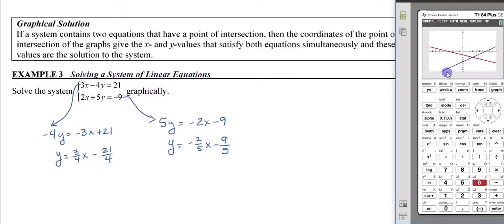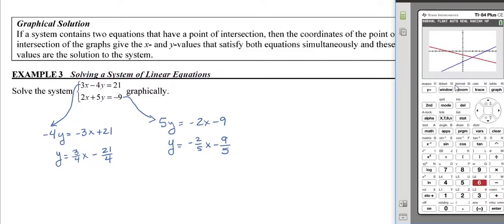When you look at the blue line, every point, and there are infinitely many of them, every point that's along that line is a solution to that equation. Same with the red, every point that is on that line is a solution to the equation. So when we're solving a system of linear equations, we're trying to find the one point right there that is the solution to both systems at the same time.